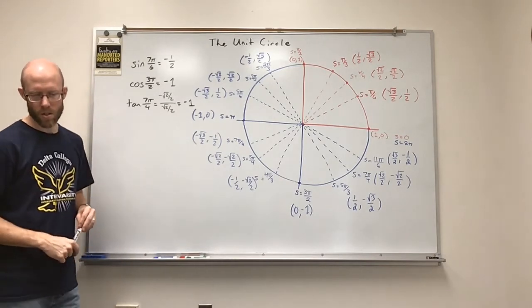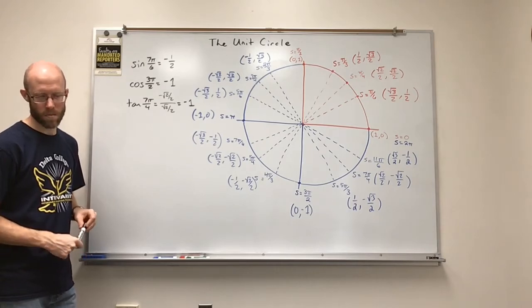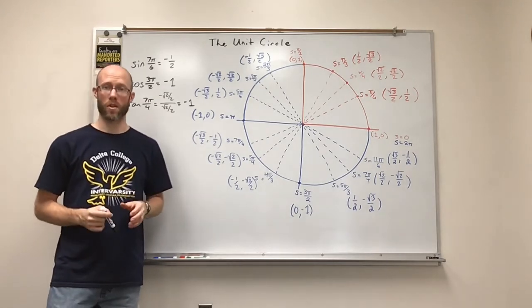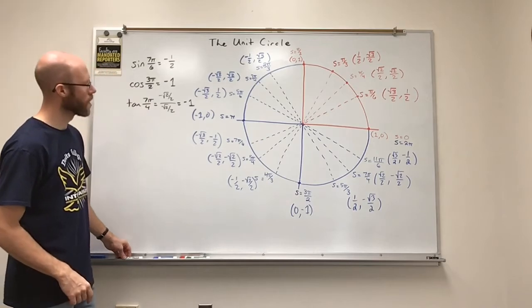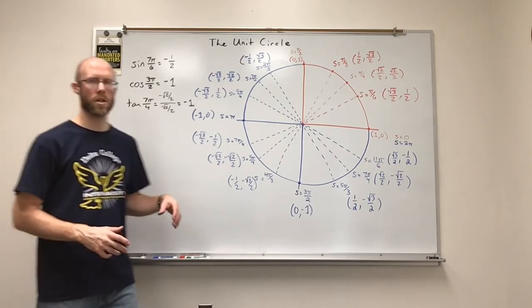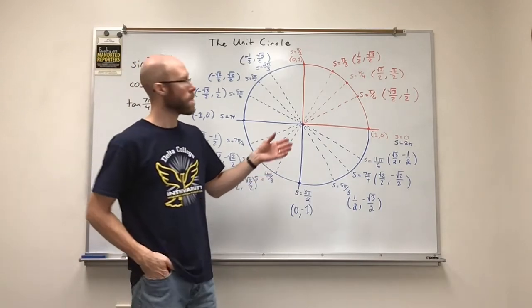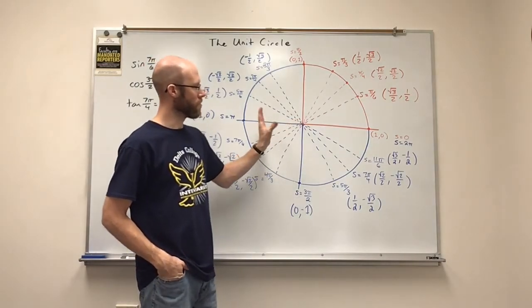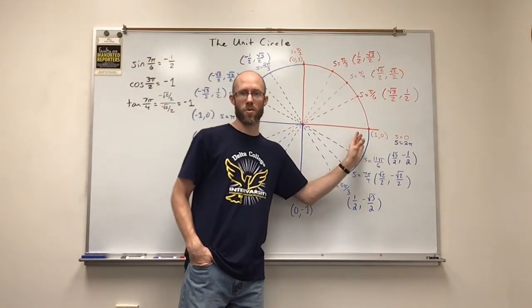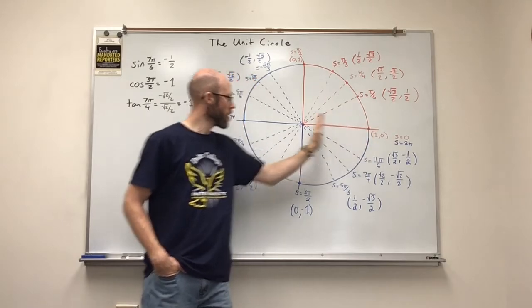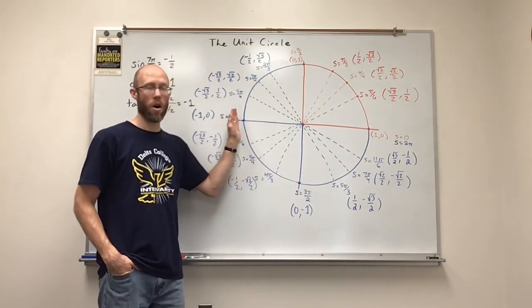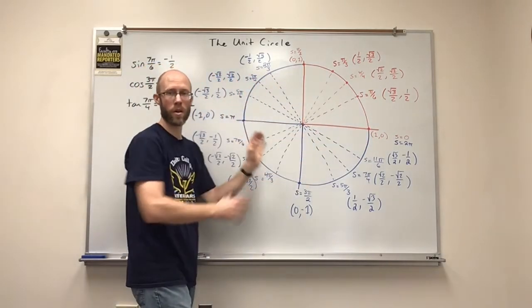I do want to look at some limitations now on the trig functions. I mentioned in the previous video that the farthest the x values go are 1 and -1. All the other x values and all the other points are somewhere in between.